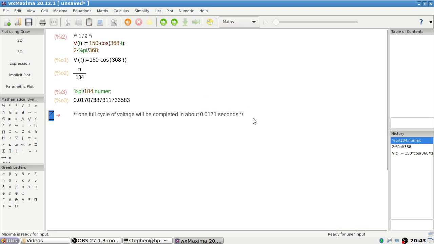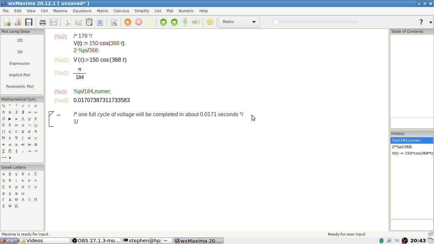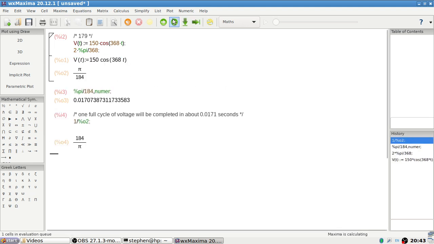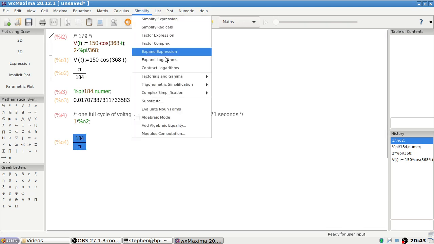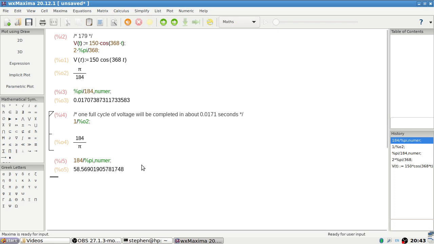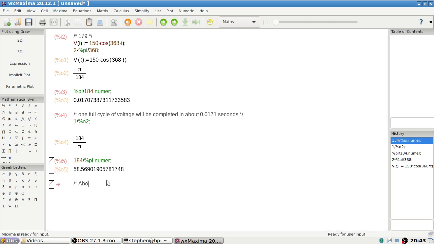Okay, so it's just going to be literally 1 divided by the answer. Now let's use the exact answer, which is on the previous line. So let's just get a numeric there. Okay, so about 58 periods per second.